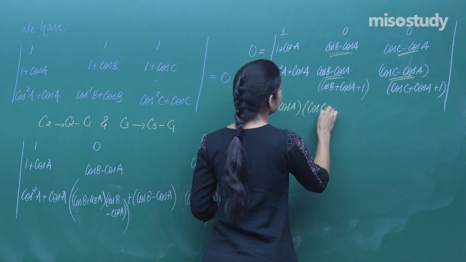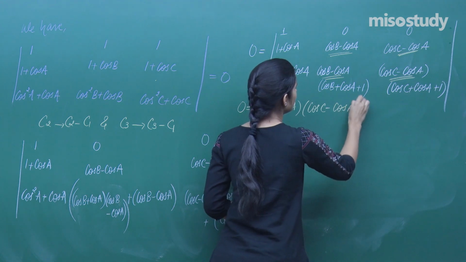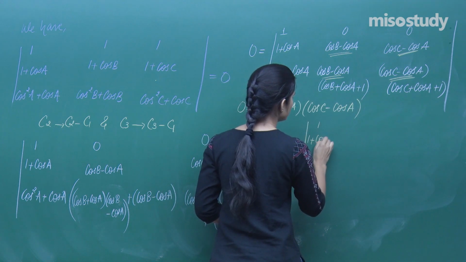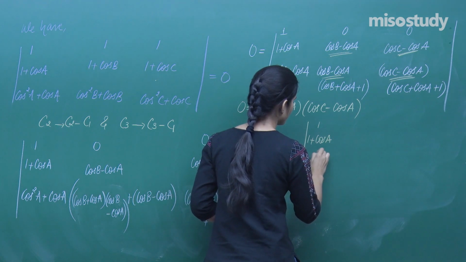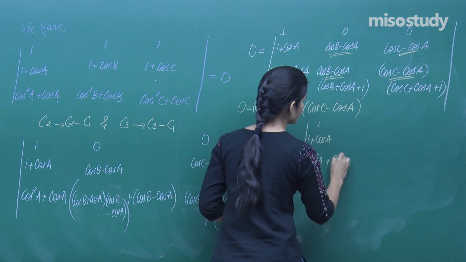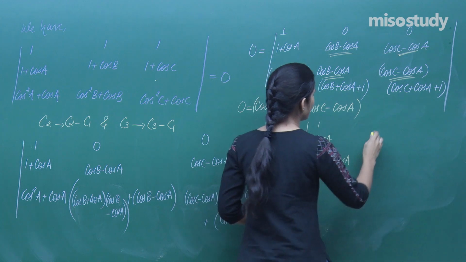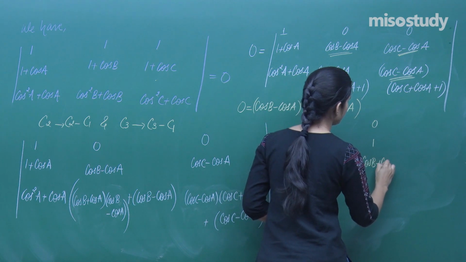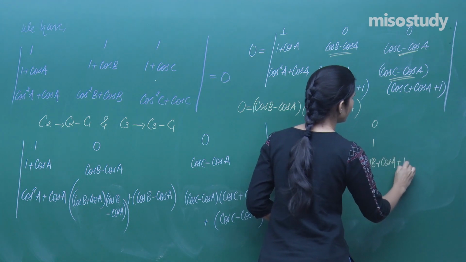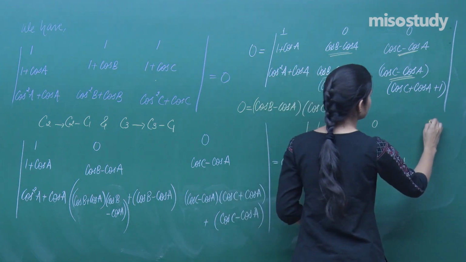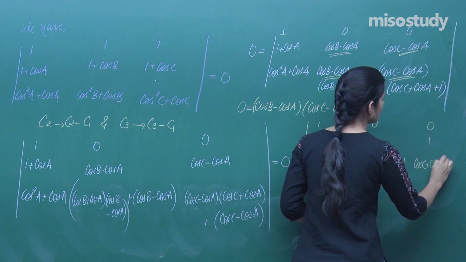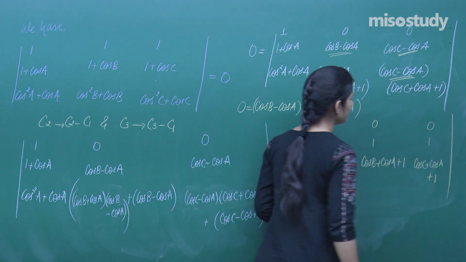I am left with cos B minus cos A multiplied by cos C minus cos A, and inside you have 1 plus cos A, cos square A plus cos A. Here you have 0, 1, cos B plus cos A plus 1, and here you have again 0, 1, cos C plus cos A plus 1.